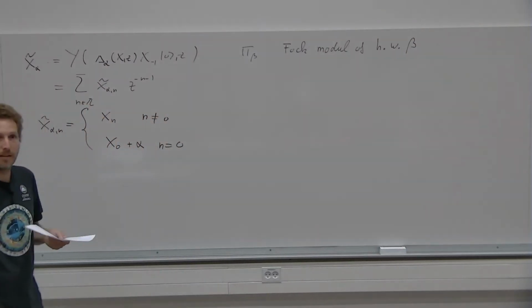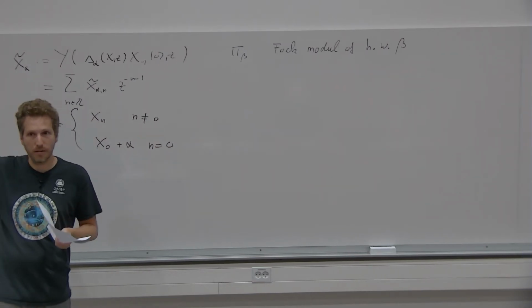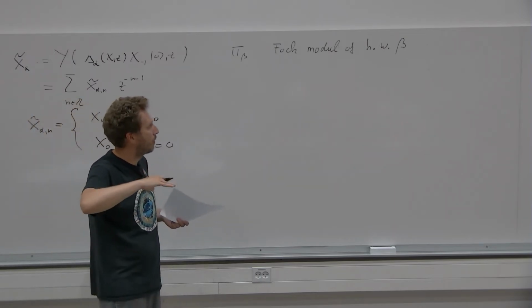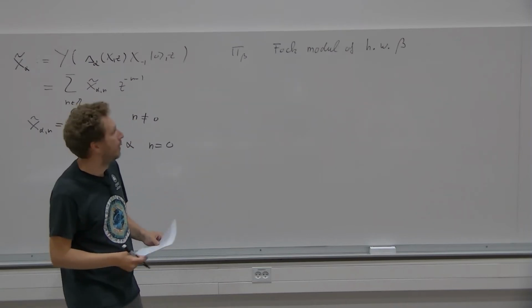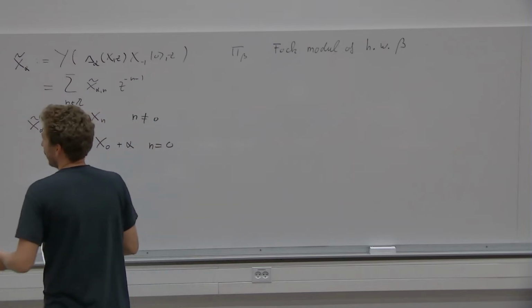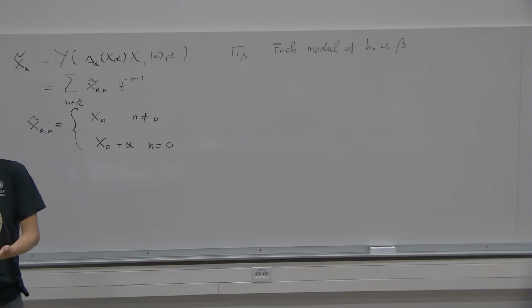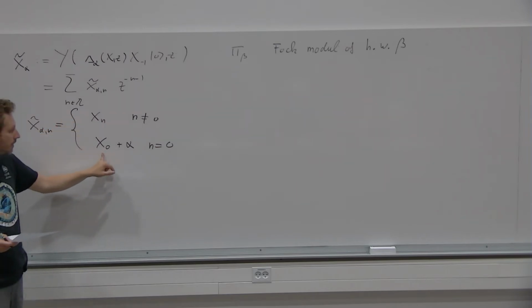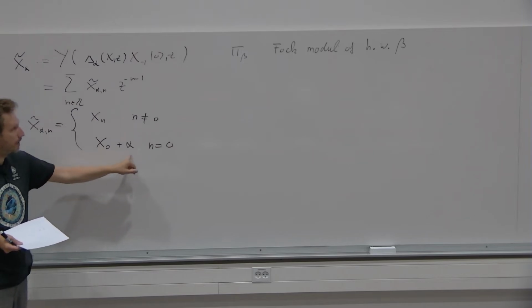It is the module generated by a highest weight vector on which x naught, the zero mode of x, acts by multiplication with beta, all positive modes act as zero, and then you induce. So that's what it is. And now what happens if I twist this Fock module with the delta alpha operator? The underlying vector space is the same. The xn all act in exactly the same way, except that x naught doesn't act by multiplication with beta anymore, but by multiplication with beta plus alpha.